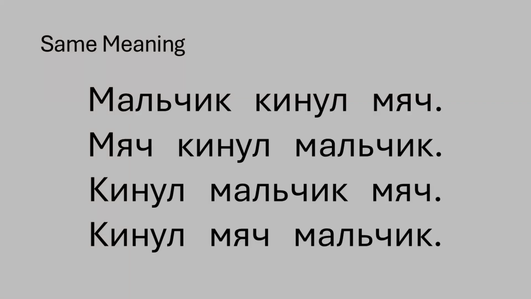Because the suffixes tell us мальчик, the word boy, is the subject. I can even start with the verb. Кинул мальчик мяч. Or кинул мяч мальчик. And all these variations I'm giving, they're correct.